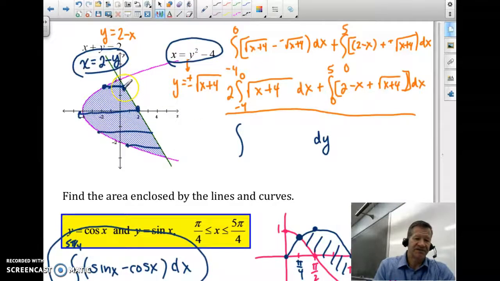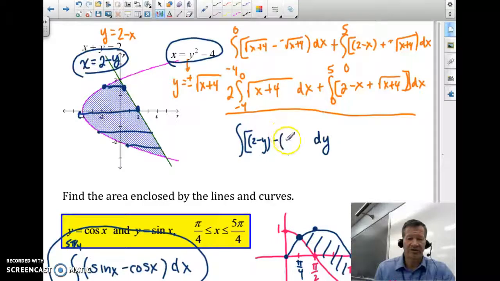On the right side is the equation 2 minus y. That's the right boundary minus the left boundary. And we always want to go right minus left because the value on the right is higher than the one on the left, and this area has to be positive, okay? So minus the parabola, which is y squared minus 4.